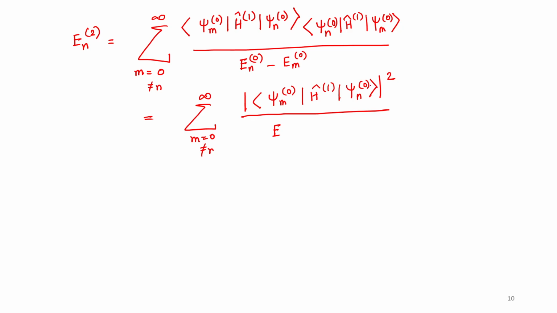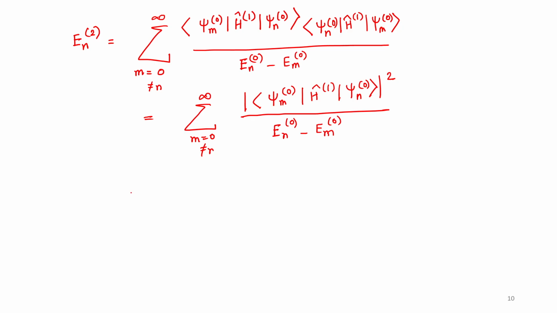The above term is a square, so modulus squared, so that is always going to be positive, and the below term is the difference in energies of the nth and mth state of zeroth order.